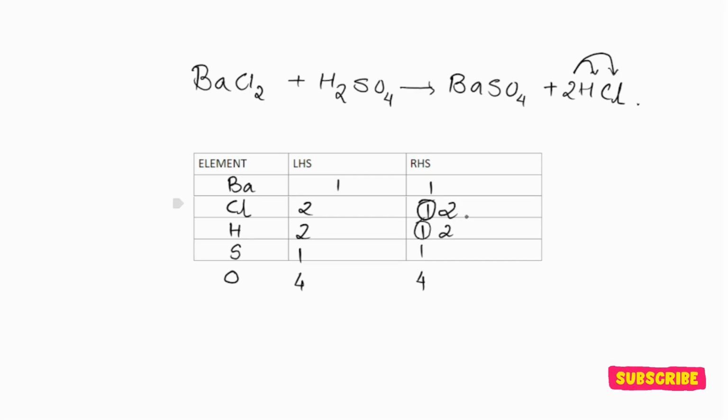Now you will see that barium is 1 on each side, chlorine is 2 on each side, hydrogen 2 on each side, sulfur 1 each, oxygen 4 each. So now the chemical equation is balanced.